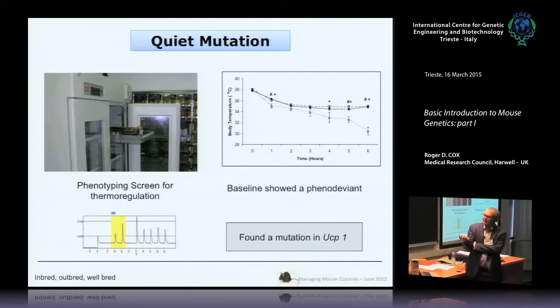So we were able to map this, and we identified a mutation in the uncoupling protein 1, which is involved in brown adipose tissue and generating heat by non-shivering thermogenesis.